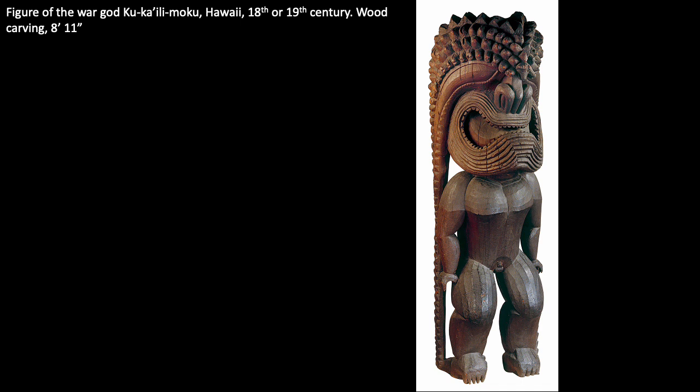This was originally made for the powerful king Kamehameha I, and it was likely meant to bring him divine favor. There is actually a second god, Lono, the god of prosperity, that is symbolized by the pig's heads that are in Ku's hair.